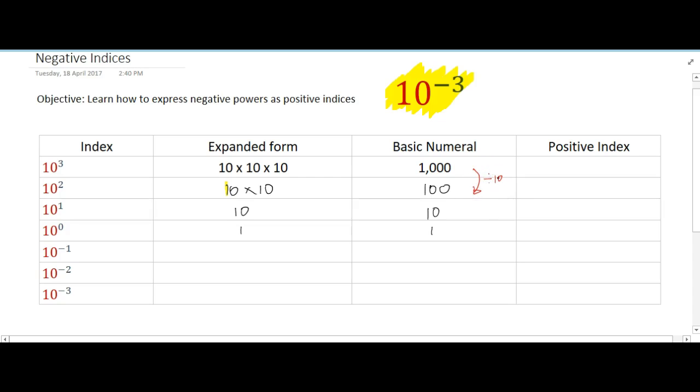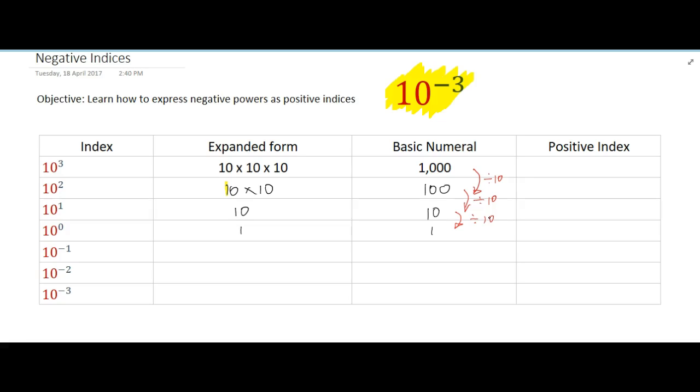That holds true every time we step down. 10 to the power of 2 to 10 to the power of 1 is also divided by 10, and 10 to the power of 1 to 10 to the power of 0 is also divided by 10. So when we're decreasing an index number, we're actually dividing by the base, in this case 10.